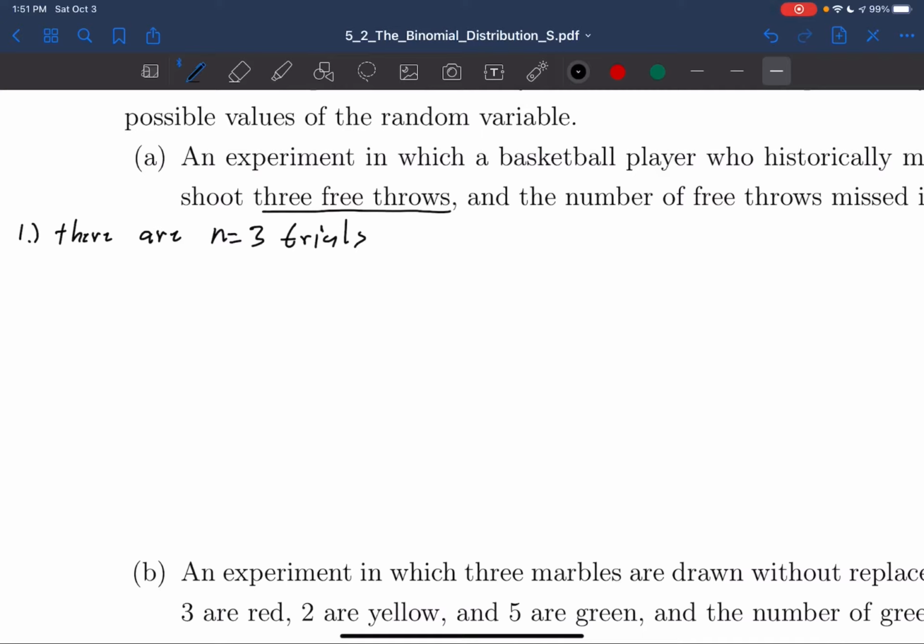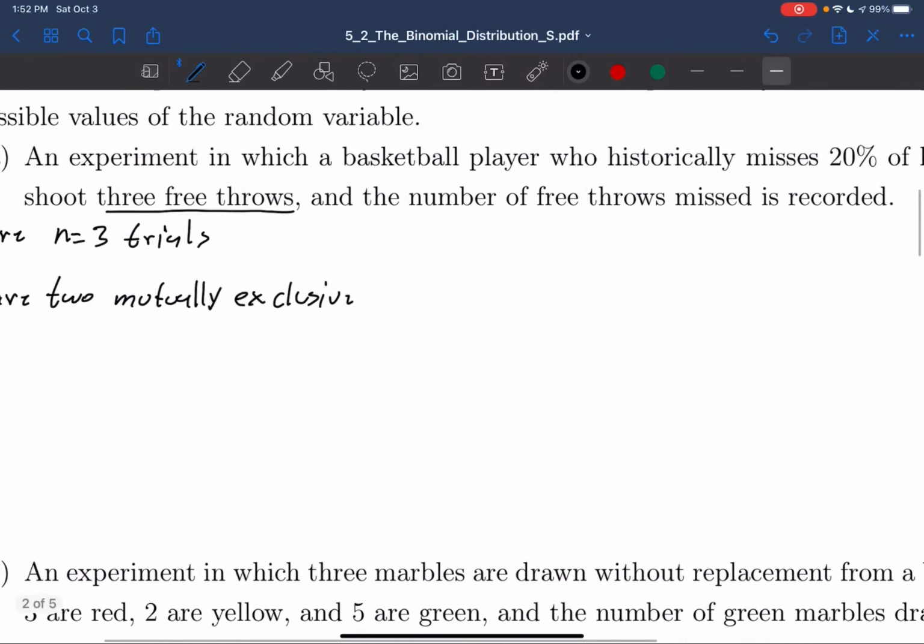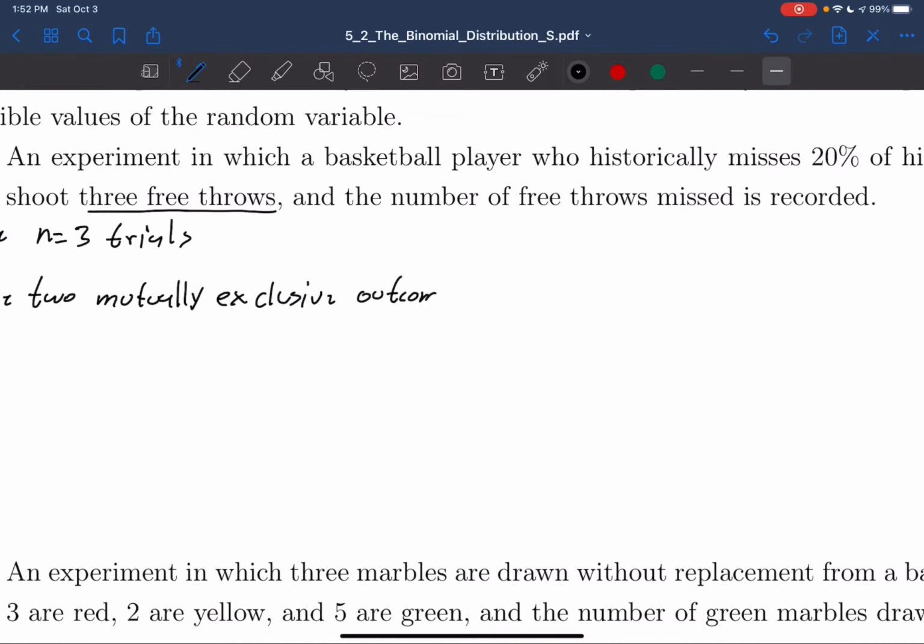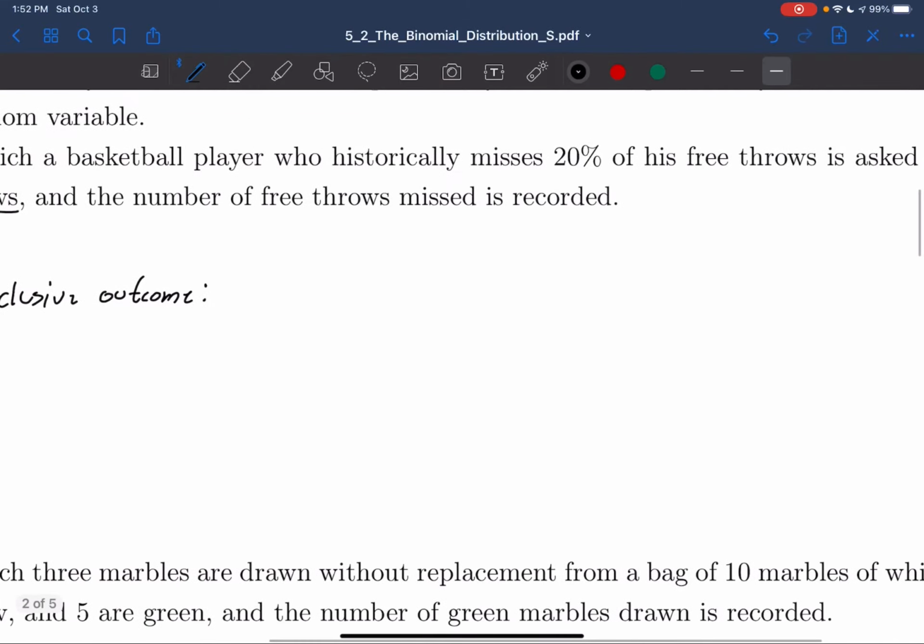Next is that we want to see if there are 2 mutually exclusive outcomes. And there actually are. So I'll just call this 2. There are 2 mutually exclusive outcomes. And what are they? Well, miss the free throw.